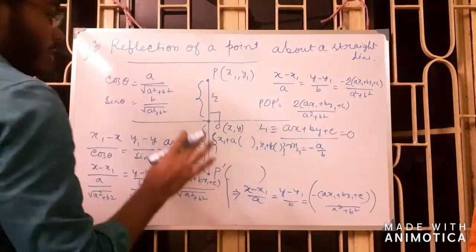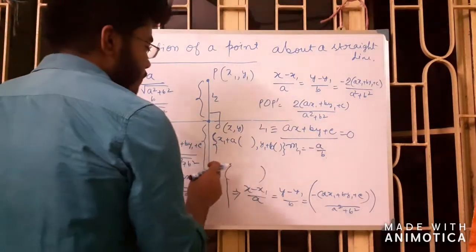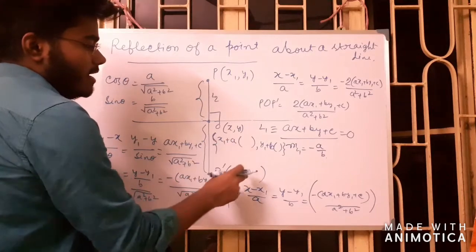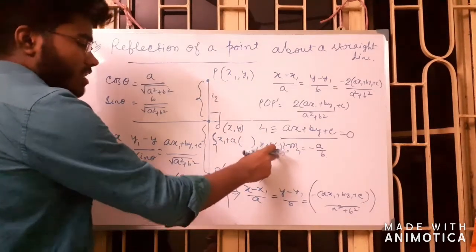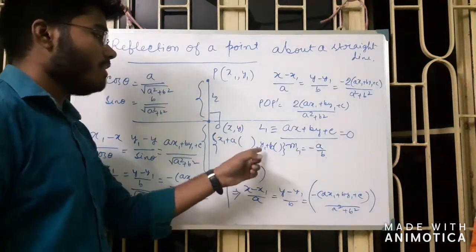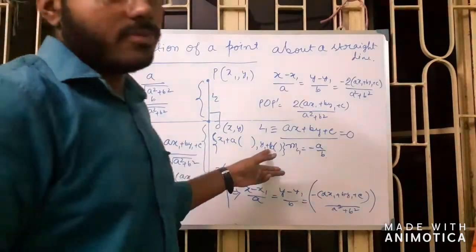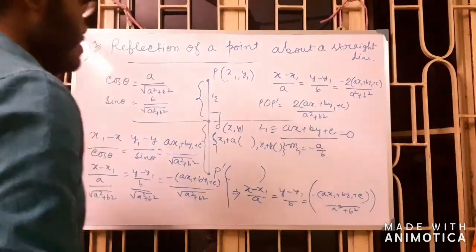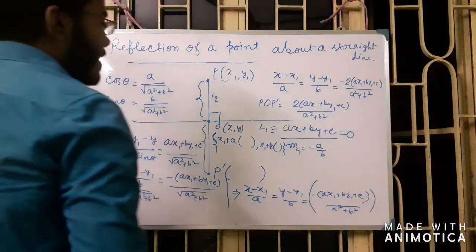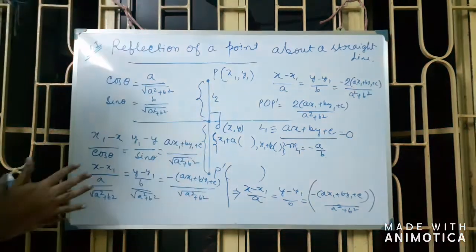But the coordinates of P' are x1 plus 2 times this, comma, y1 plus 2 times this, double of this. So this is the entire thing of reflection of a point about a straight line.